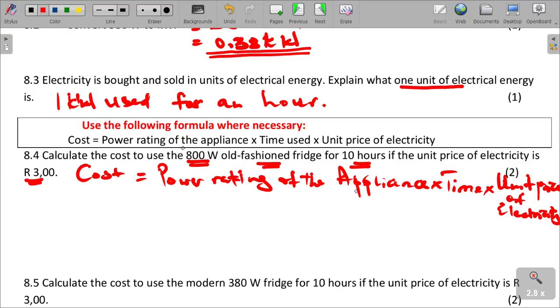So the power rating is given there, and we convert it to kilowatts.